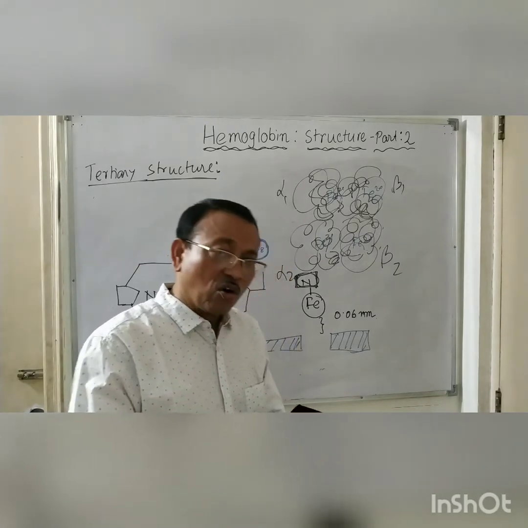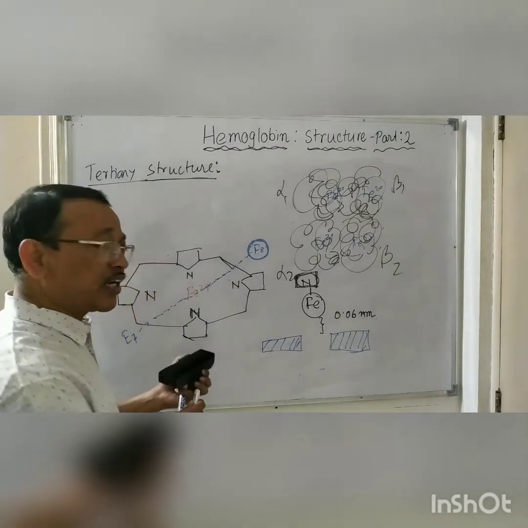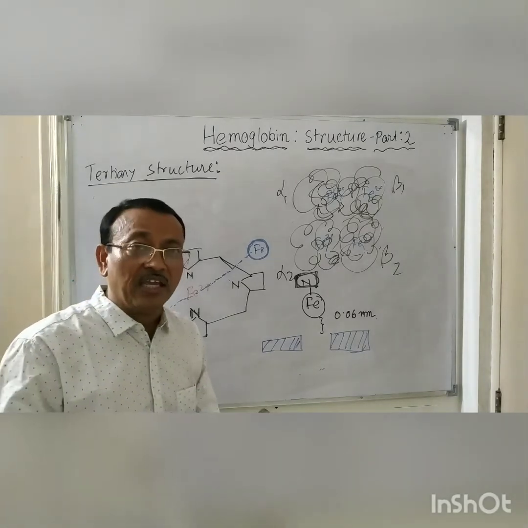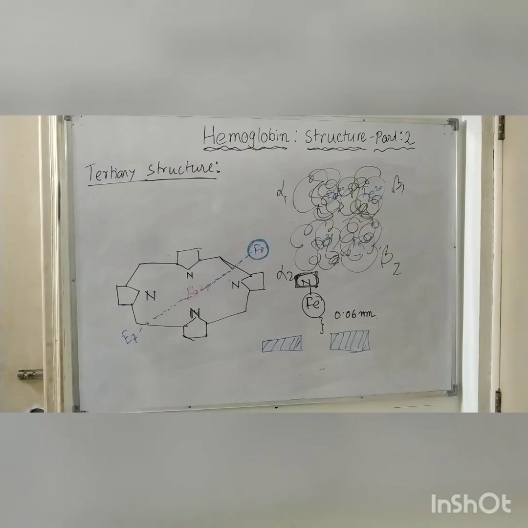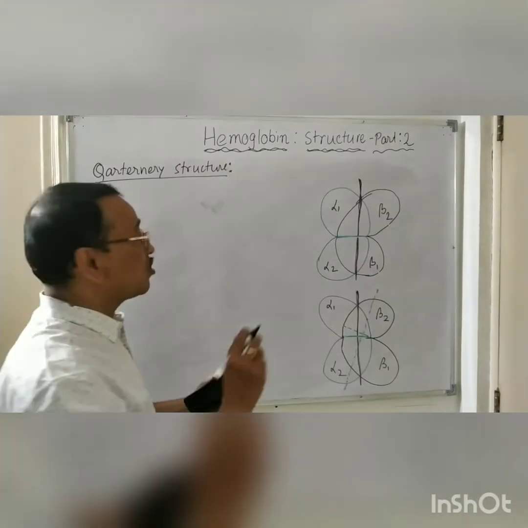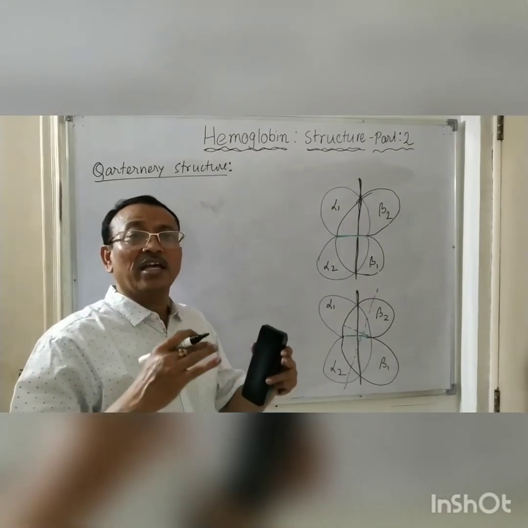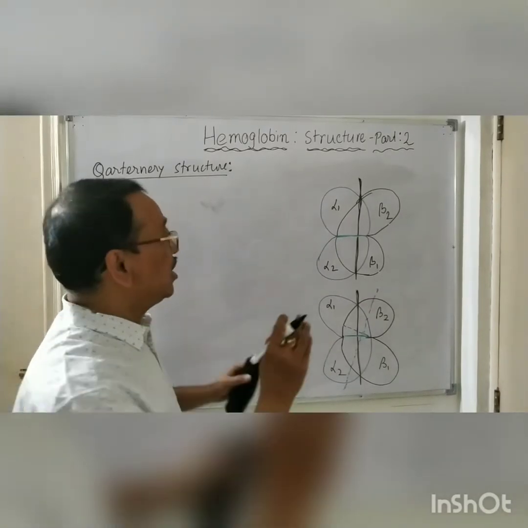So now it is about the quaternary structure of the hemoglobin. That is the final form of the globin structure.